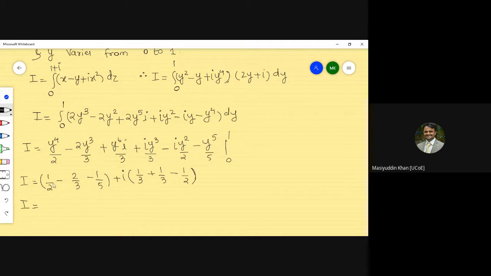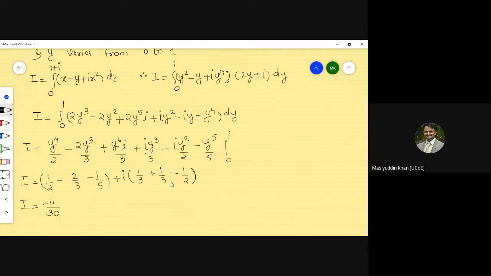So something like 1 by 2 minus 2 by 3 and minus 1 by 5. If we sort out these two terms, then you will get 3 minus 2, so it becomes 1 by 6. And 1 by 6 minus 1 by 5, it will become minus 1 upon 30, since 6 fives are 30.